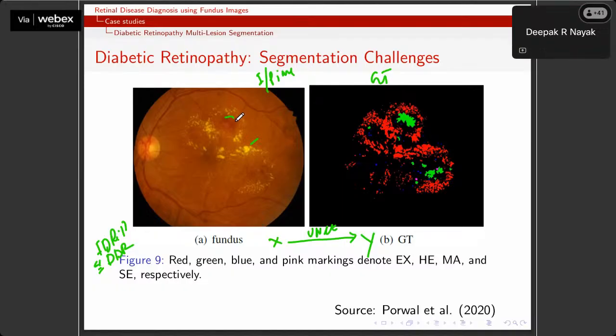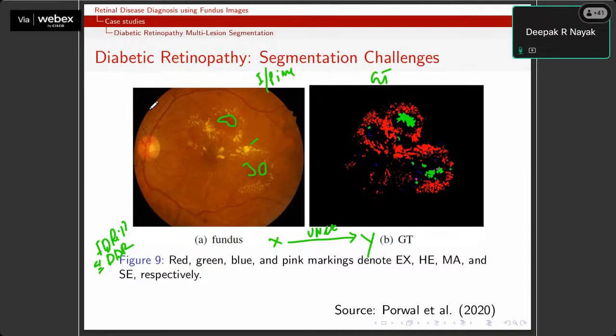You can see these are hemorrhages, and here also there are a lot of hemorrhages. There are also small hemorrhages which are very difficult to identify with the naked eye. And the microaneurysms, as I mentioned, are blue in color. Sometimes a microaneurysm is a single point, and it's very difficult to identify. But your task is to simultaneously detect all those things, which is even more difficult.